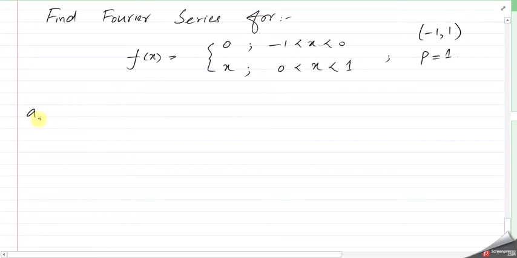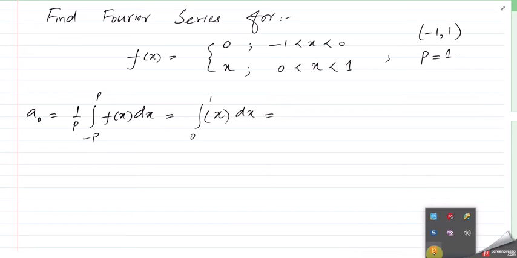Right? Same story again. A naught equals 1 over p, integral from minus p to p of f of x dx. Again, our function has two definitions, but one of them is 0, so no need to write that one as we did in the last example. Second one, 0 to 1, the definition is x.